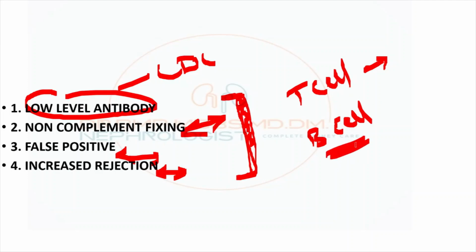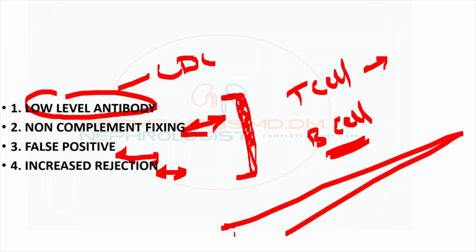For B cell cross match, you have to proceed to the next step or search for the cause. Whatever the cause may be, it's not a contraindication, but you, the nephrologist, have to be aware there is an increased chance of rejection. So we have to heighten the immunosuppression. The rejection has to be reduced. At least you should know these 4 points whenever there is a positive flow cross match.